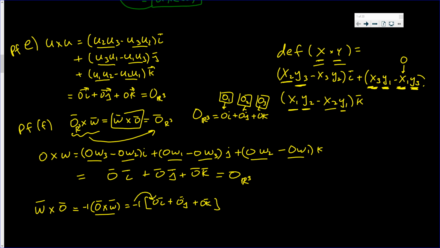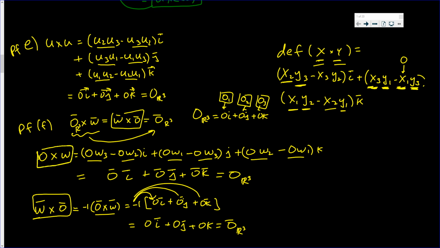And negative 1 times 0 is 0 in the i direction. Negative 1 times 0 is 0 in the j direction. And again, 0 in the k direction. That is, I get the 0 vector in R3. So in fact, this is also 0. This is 0. That one's 0. Therefore, they're equal to one another.